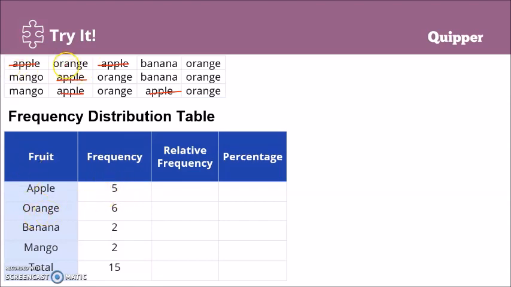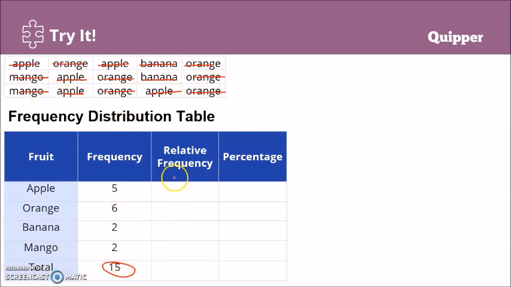Ang orange naman, ilang kaya? 1, 2, 3, 4, 5, 6. Okay, merong 6 oranges. Yung banana, 1, 2. Dalawa lang. Yung mango, 1, 2. Dalawa lang din. So, i-add natin yan lahat. That is 15. That's the total frequency. Okay? Total count of the responses.